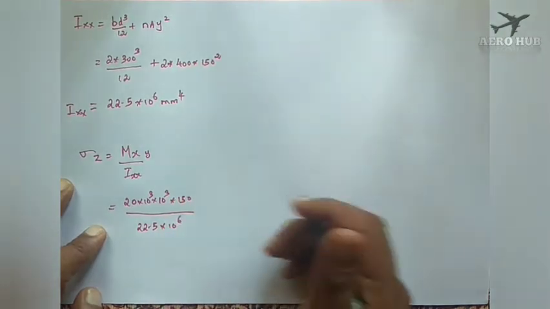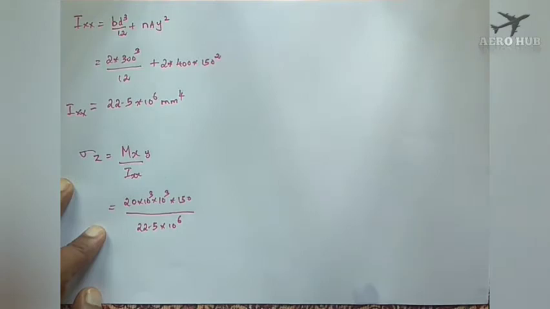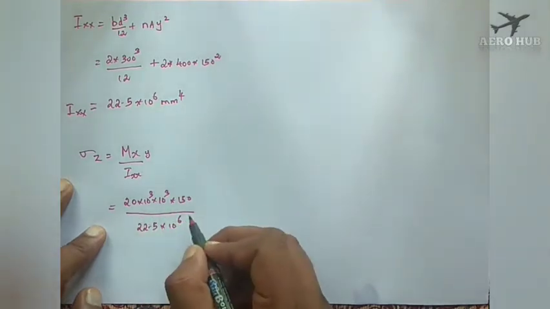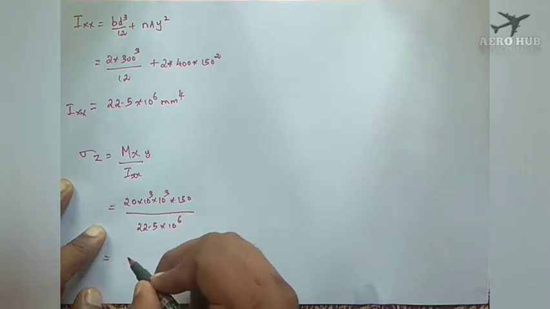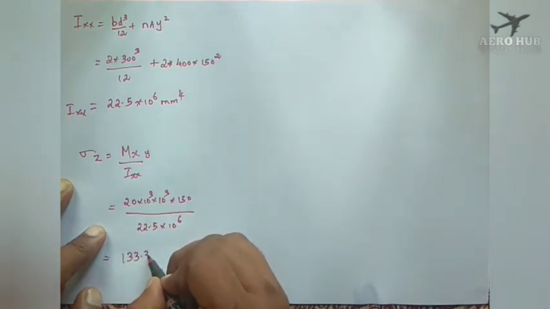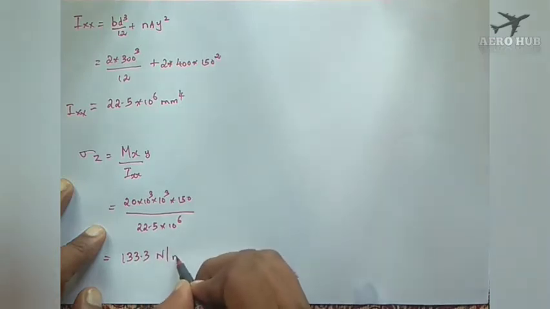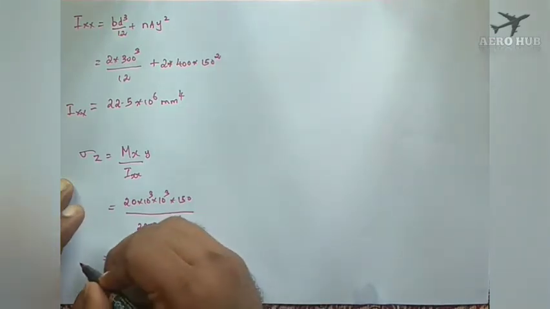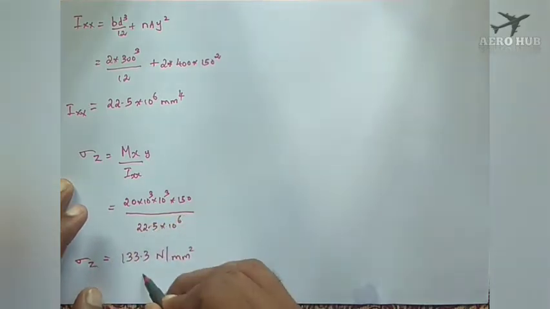Okay, so I can cancel out 10 power 6 from numerator and denominator. So I will be getting 20 into 150 divided by 22.5, and the answer will be 133.3 Newton per millimeter square. This is the value of sigma z.